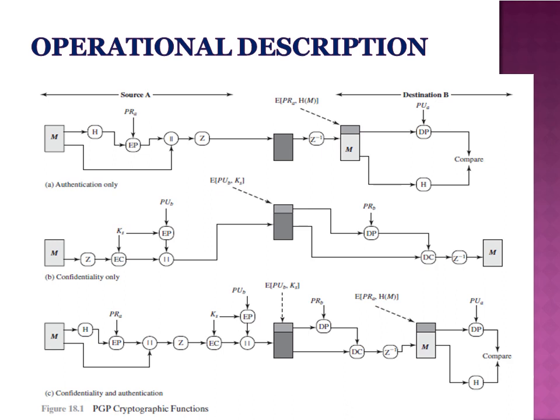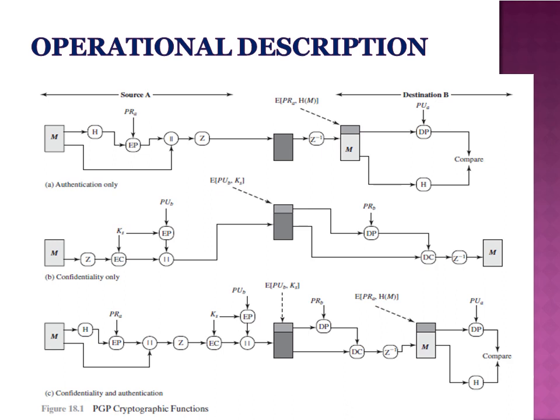In figure A, this figure shows the implementation of digital signature, which we already discussed, which in turn provides authentication. The steps involved here are as follows. We move from left to right to understand this particular diagram.